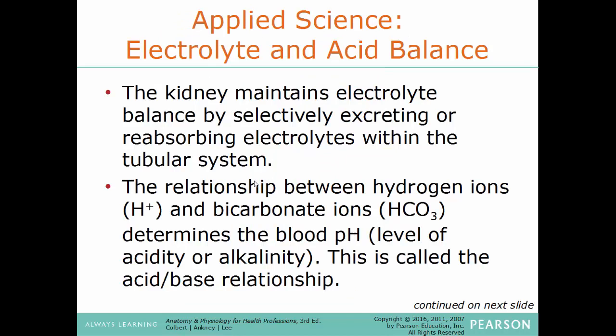All right, now we'll talk about an applied science, electrolyte and acid balance. The kidney will maintain the electrolyte balance by selectively excreting or reabsorbing electrolytes within the tubular system. The relationship between hydrogen ions and bicarbonate ions will determine the blood pH, whether it be too acidic or too alkaline. This is called the acid-base relationship.